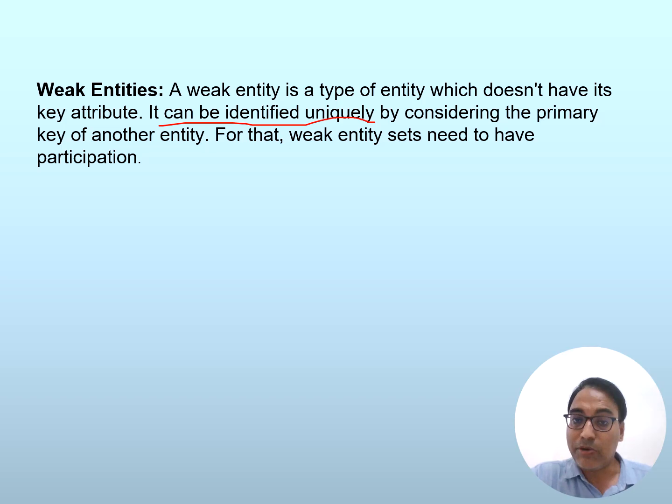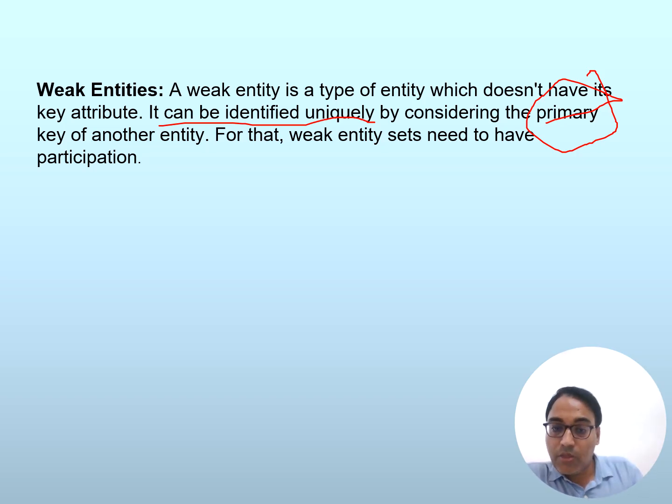Now see the term primary key here. Primary becomes the most important word. Primary means the most important attribute of the strong entity, without which it cannot be recognized properly.